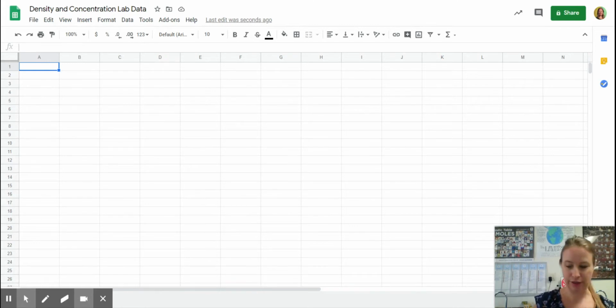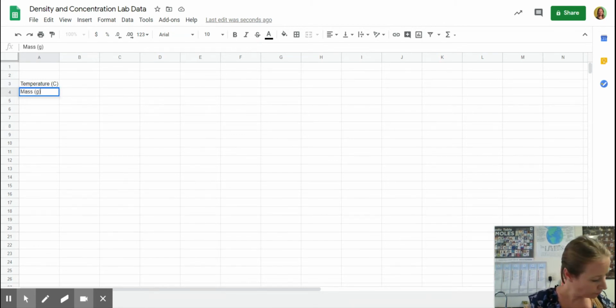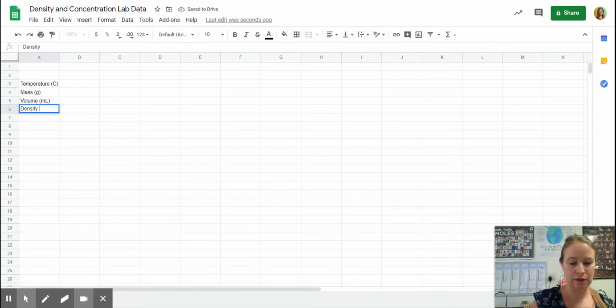So we are going to have, let's go down a couple boxes, the temperature in degrees Celsius. We are going to have the mass in grams. We're going to have the volume in milliliters. And then finally the density, which is going to be grams per milliliter.